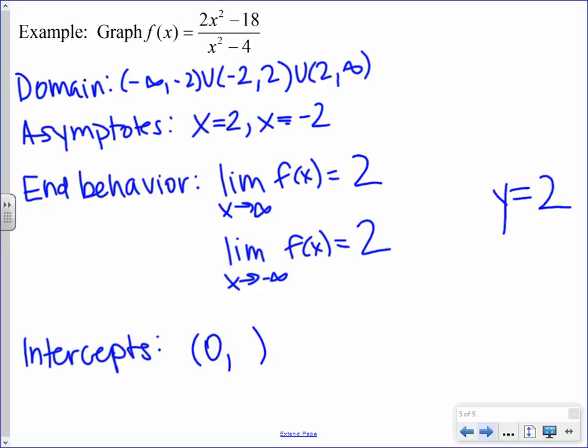So 9/2. Cole, what about our x-intercept? When we set a fraction equal to 0, we're really only concerned about where the numerator is 0. So, x squared equals 9, x equals plus or minus 3.